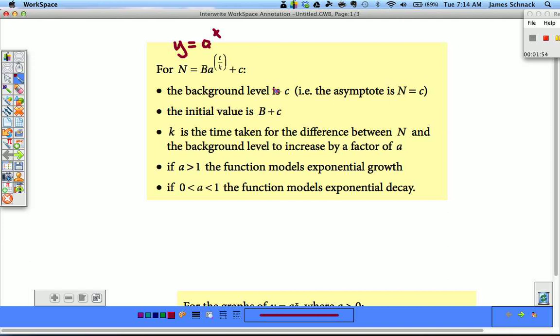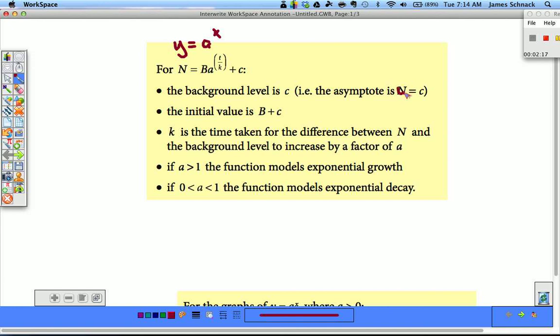So the background level, in other words, the starting amount, the amount that's expected to be there, is going to be this c. If you think back to function transformations, that is our vertical shift. And we now don't have an asymptote at the x-axis. We have an asymptote, a horizontal one, at n equals c.